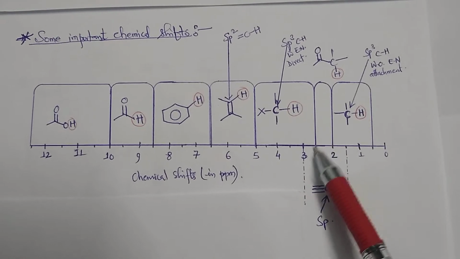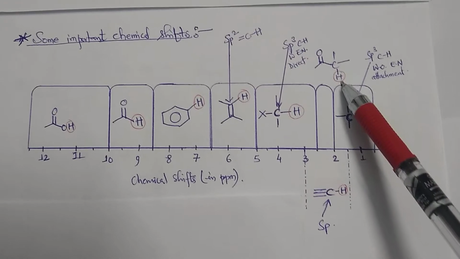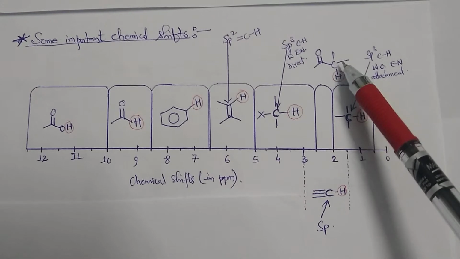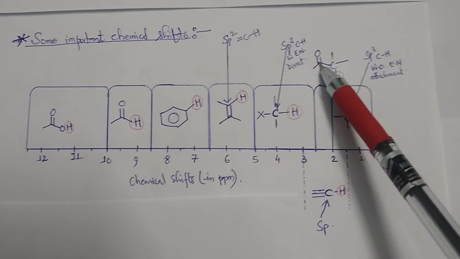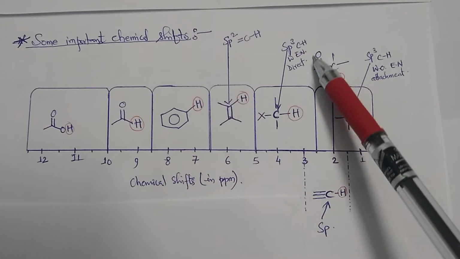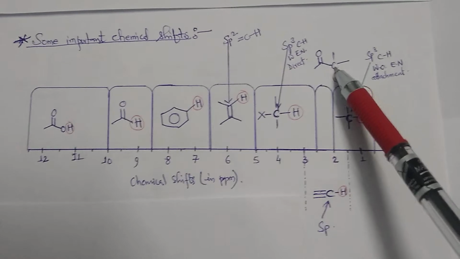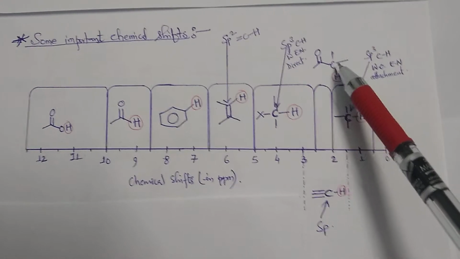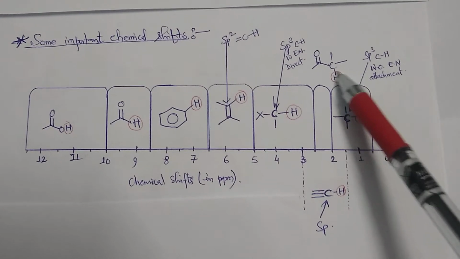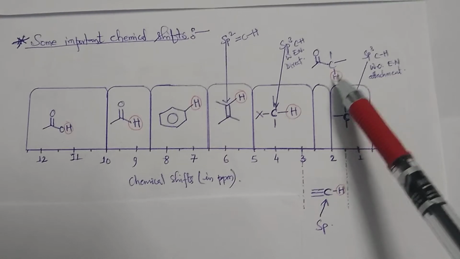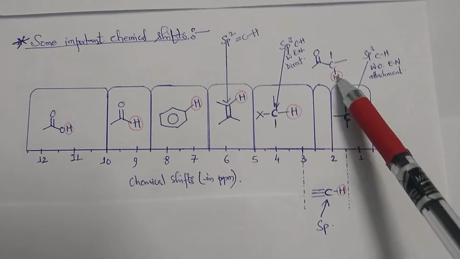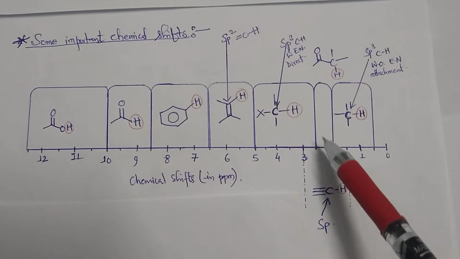Similarly, from 2 to 2.5, it is that proton directly attached to carbon, which is neighboring to the carbonyl group over here. So due to this carbonyl group here, it will have a high electron demand to this carbon. Automatically, this proton will get deshielded more than that of this proton. So this proton will have chemical shift from 2 to 2.5.